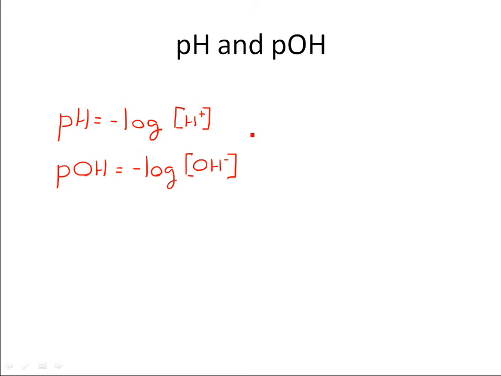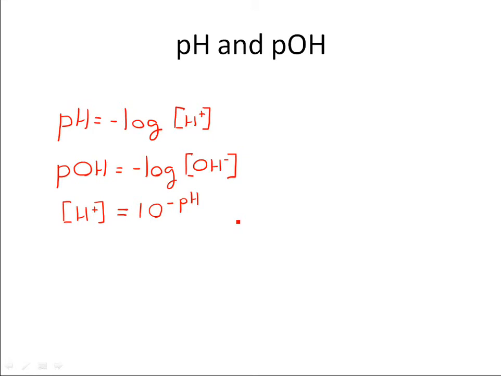Now let's say you're given pH and you want to calculate the concentration of the H+. You can do that by saying the concentration of H+ ions equals 10 to the negative pH.